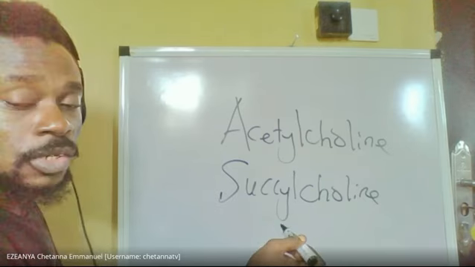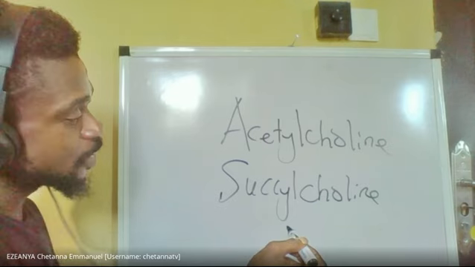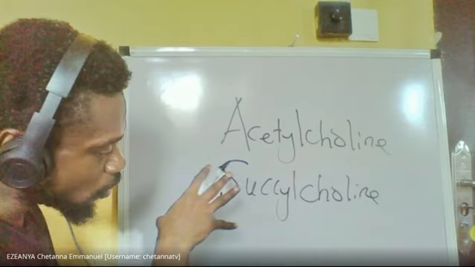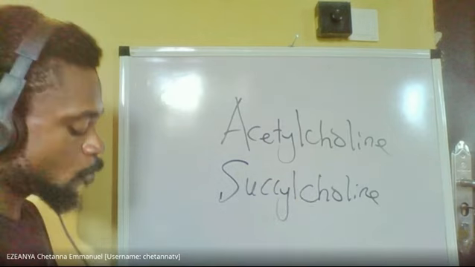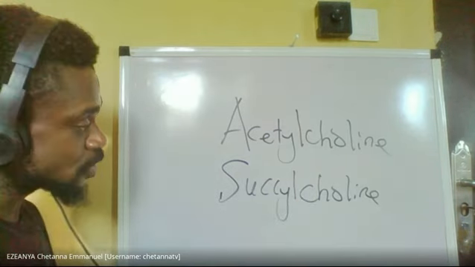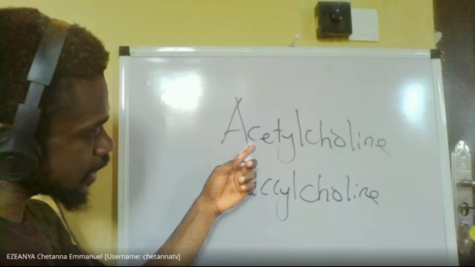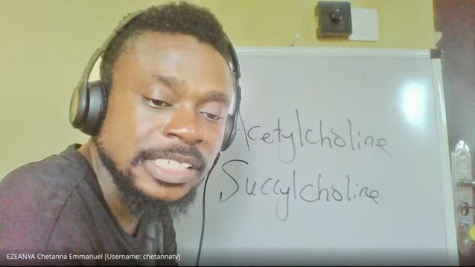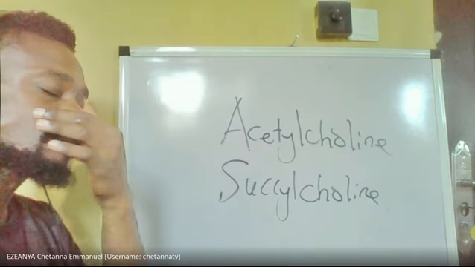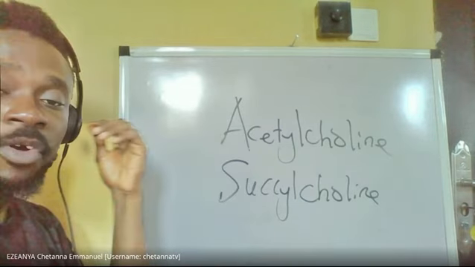So what point am I trying to make here? In summary, these drugs block neurotransmission, specifically acetylcholine. So what do we use these muscular blockers for? What is the indication?